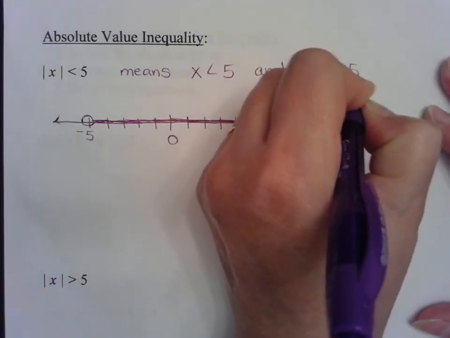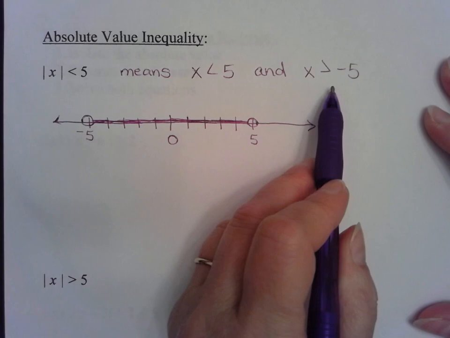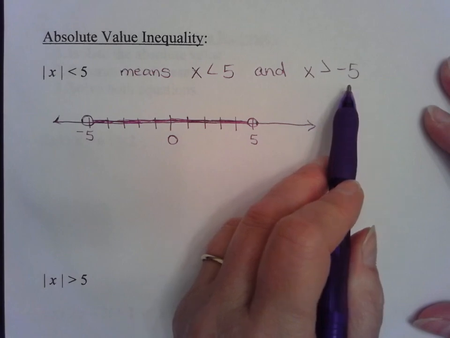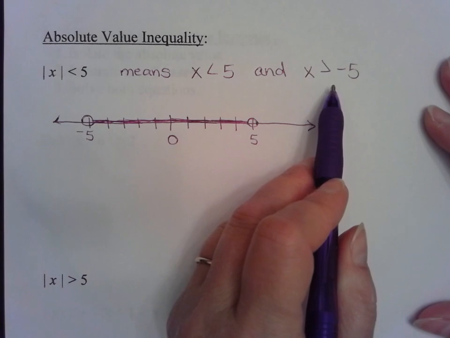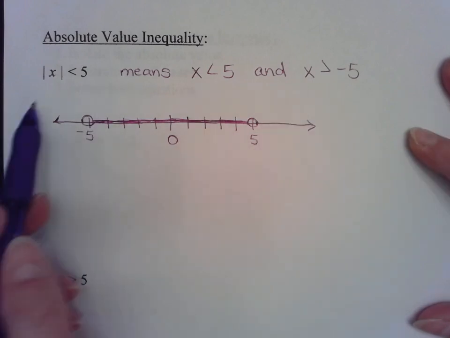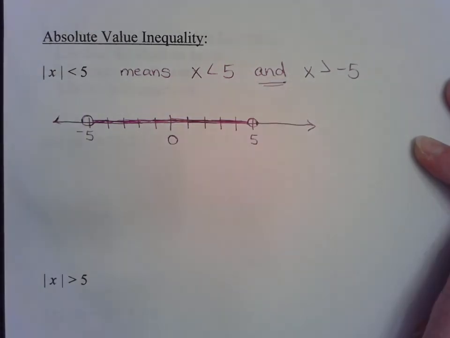So when I make my first case, I just take off the absolute value bars. When I make my second case, I make the 5 negative, and I flip the sign. If the absolute value is on the left, and it's a less than, then it's going to be an and.